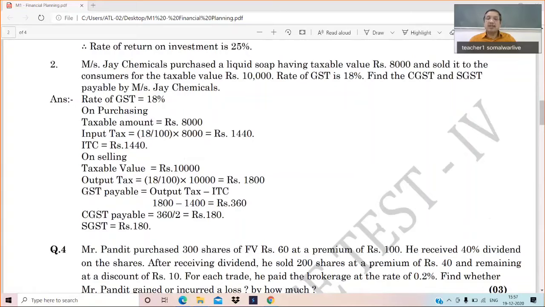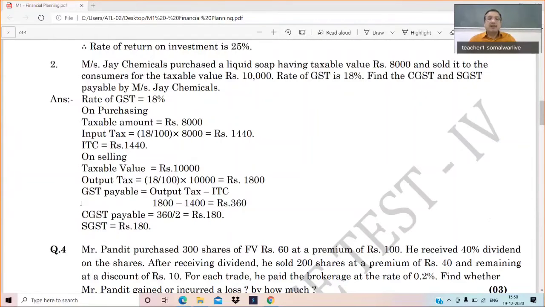It is called ITC. So 1,800 minus 1,440 equals rupees 360, and that gives the GST payable. CGST is naturally half of the total GST, half of 360, that is rupees 180, and SGST is also equal to rupees 180. So in this way you can solve. See, terms are slightly different, others are the same.